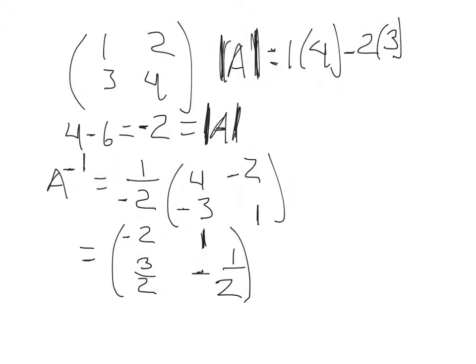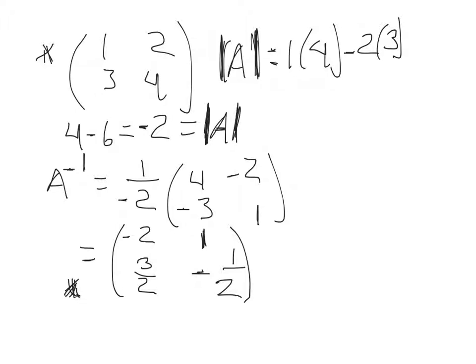So how do I know if I'm telling you the truth? And you should be saying about now, how do I know if you're telling me the truth? All right, so the way to tell, I should take the original matrix, multiply by the inverse, and that should give me what's called the identity matrix.